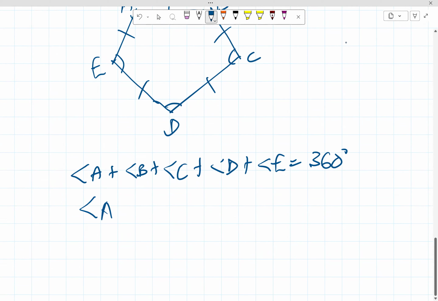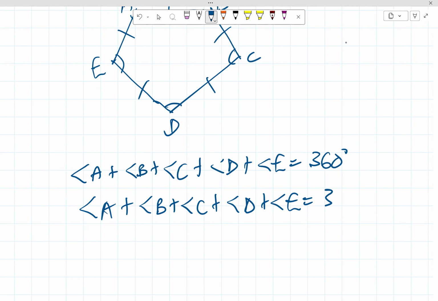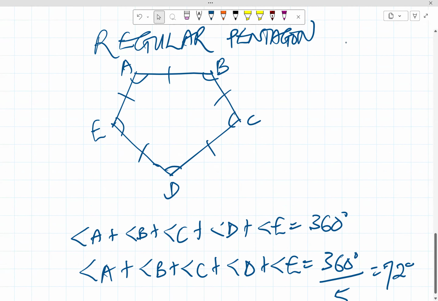So each angle is 360 degrees divided by 5, which is 72 degrees. So each of these angles is 72 degrees.